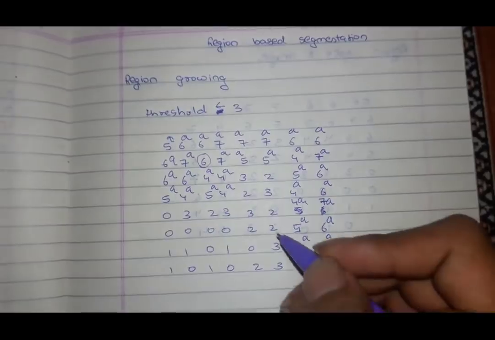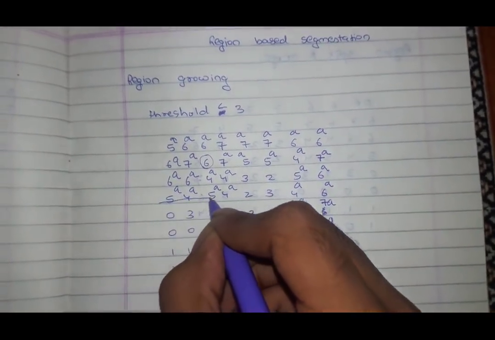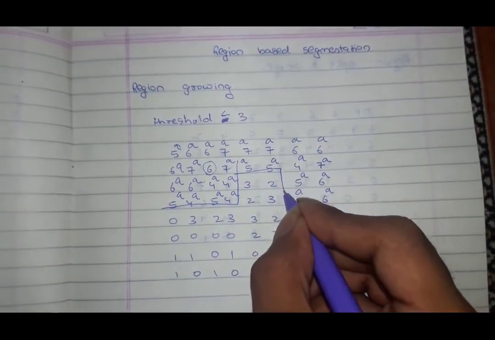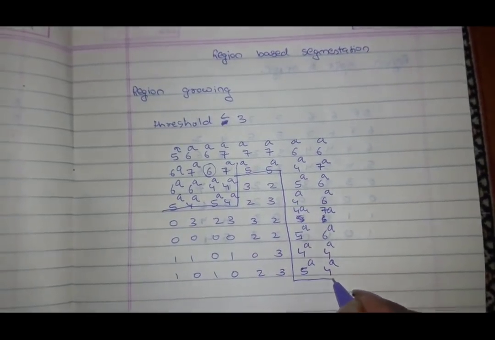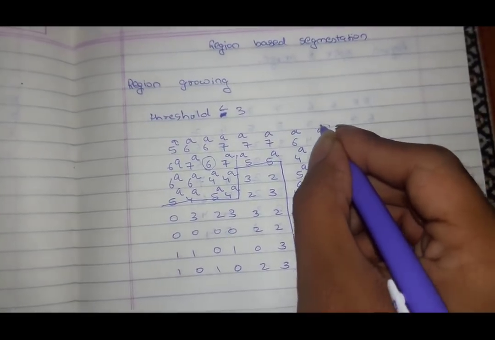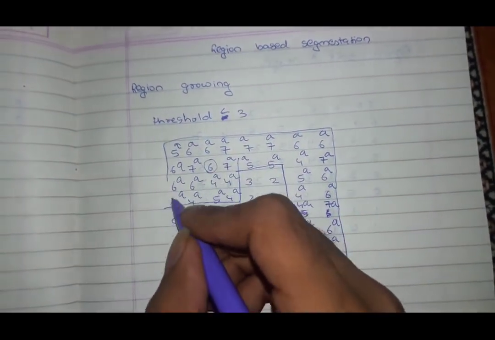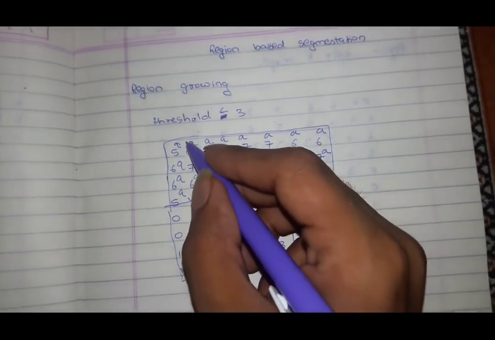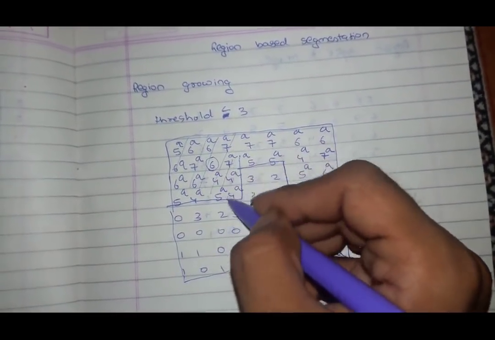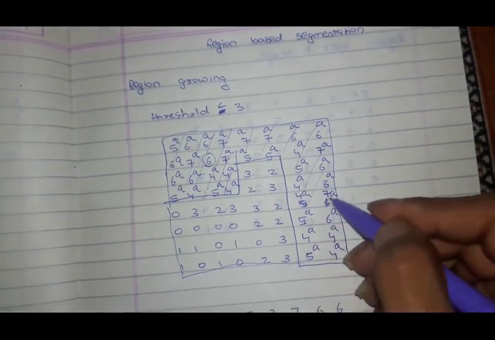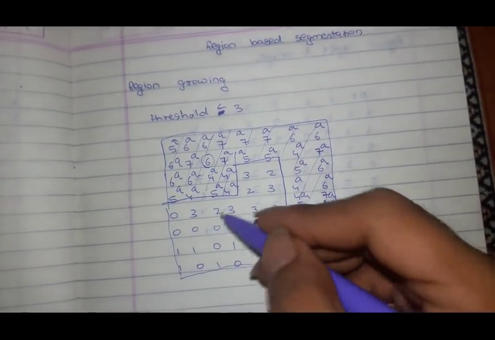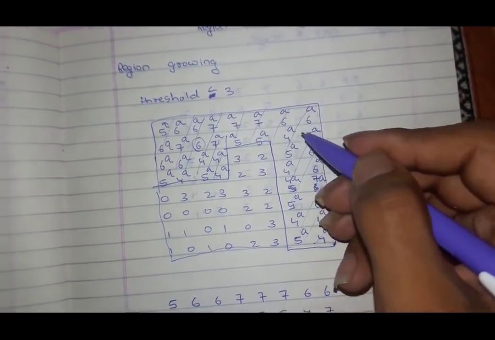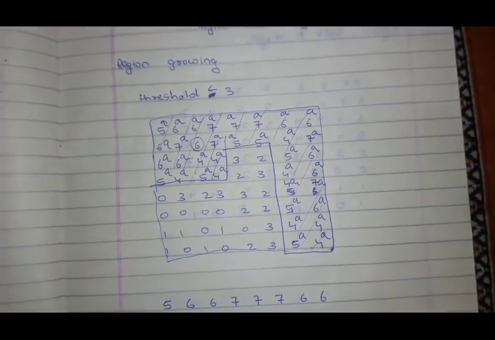So this is the region that I get. My final answer is that these pixels belong to one region and these pixels belong to a different region. So I have segmented the image into two regions, so that this belongs to one part and this belongs to the other.